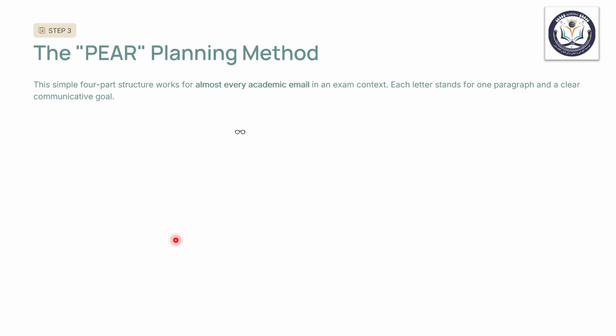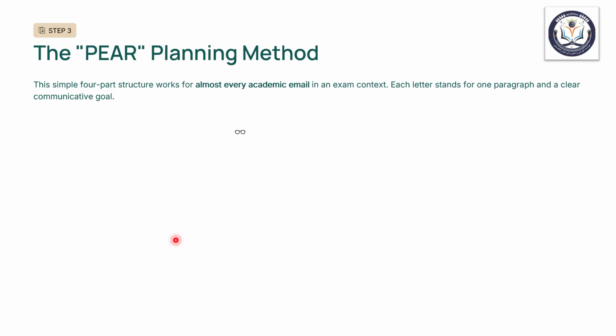So the third step, after finding the required action, we can go ahead with a method for planning this academic email in an exam. The technique commonly used is called the PEER planning method.